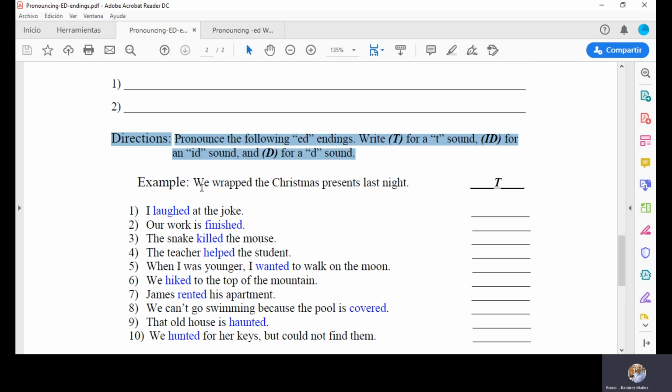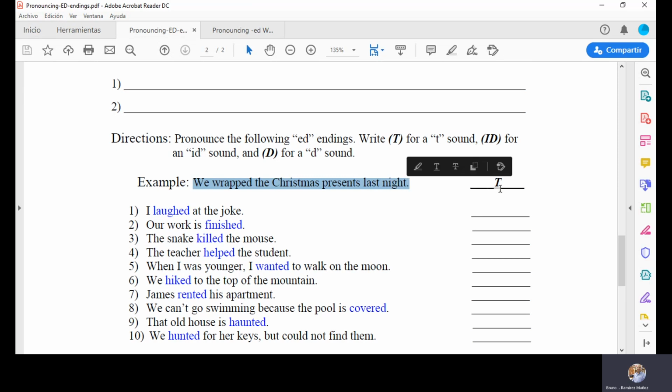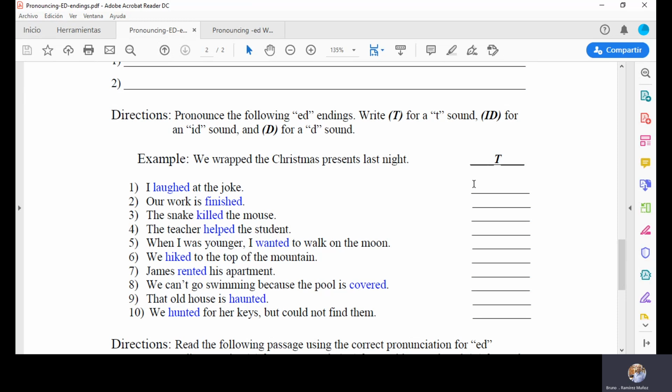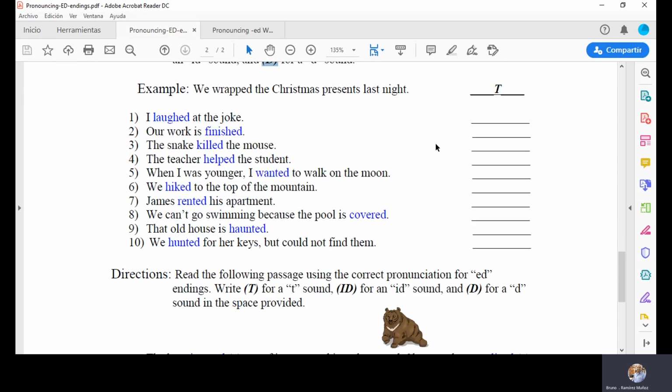As example here, we wrapped the Christmas presents last night. Wrapped ends in t, because the final sound of the verb to wrap is a voiceless p, right? So on your own, you need to define if the ending is either t, it, or d for this exercise, okay?